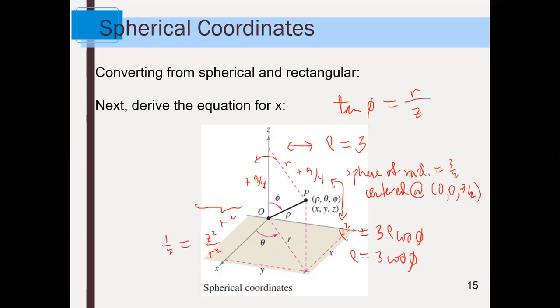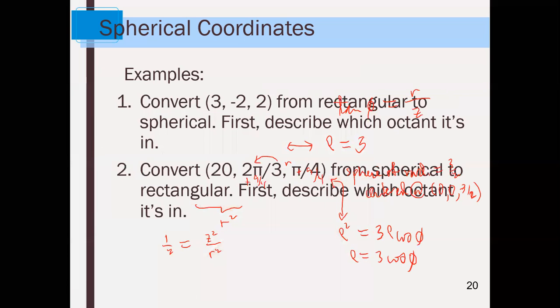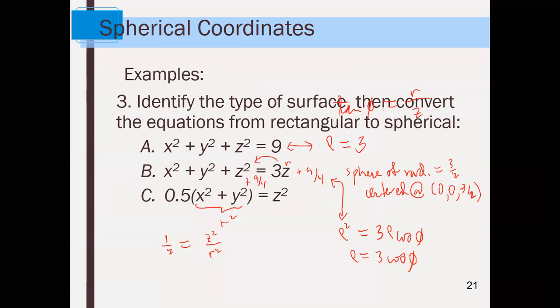So in other words, let's go back to where we were before, which is right here. Tangent of phi is equal to r over z. So let's flip this thing on its head. This is the same thing as 2 equaling what?